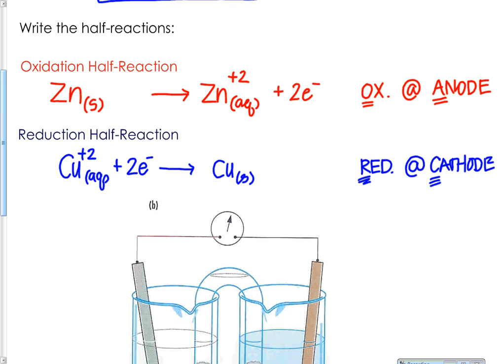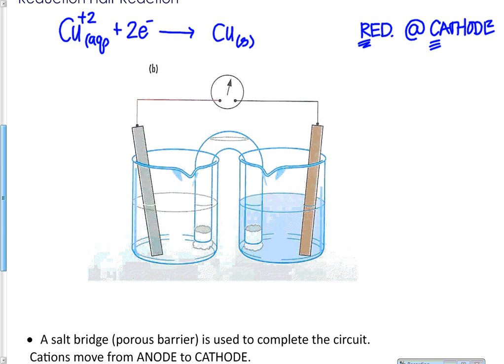So if we look at our diagram, now I realize you don't have the color coding like I do on the picture, but we know that this reddish brown metal is our copper. So I'm going to label this metal as copper, and we know that that copper is the cathode.